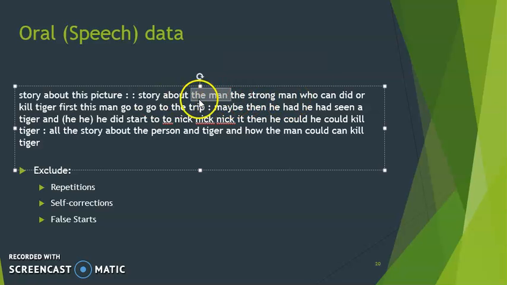To me, this sounds like a correction. And with the audio, you can kind of find out as well. But you can see that with a correction, we're just going to go with the strong man. And false starts are when the learner starts something and then completely changes the entire topic without any connection between what was started and what was finished.